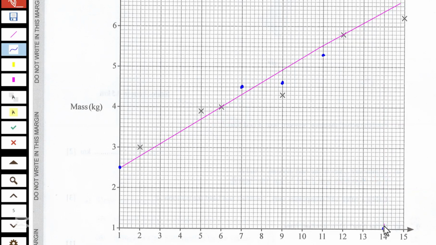I just have to trace this up until it gets to this point. Then you will have to trace this to the y-axis, from the point of intersection of 14 and the line.